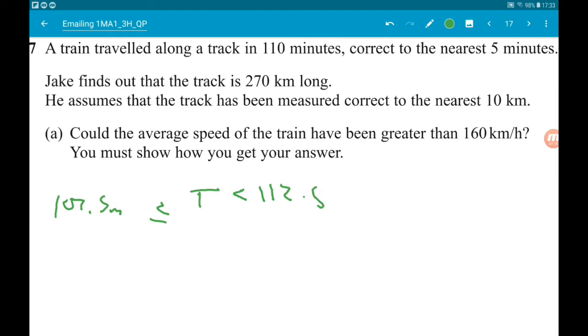Okay, so the error interval for the track, so I'm calling that distance, can be from 265 kilometers to 275 kilometers.